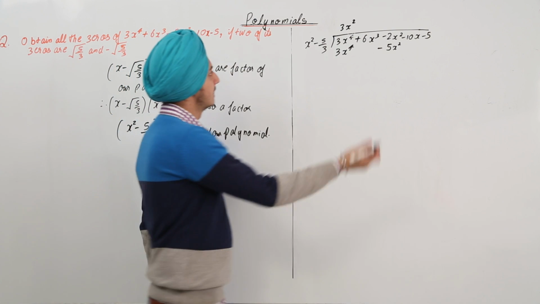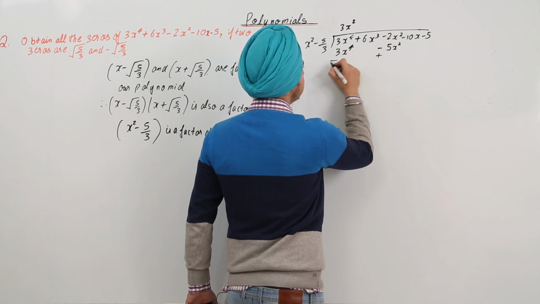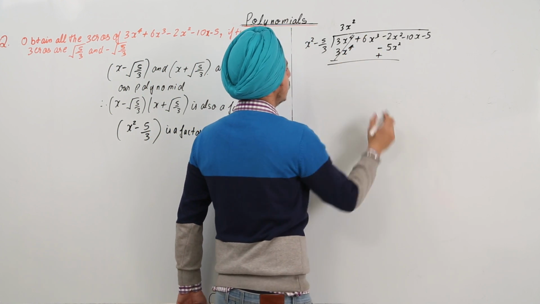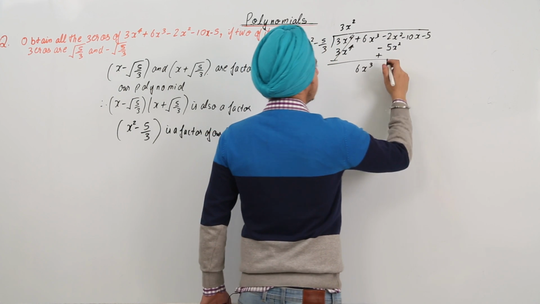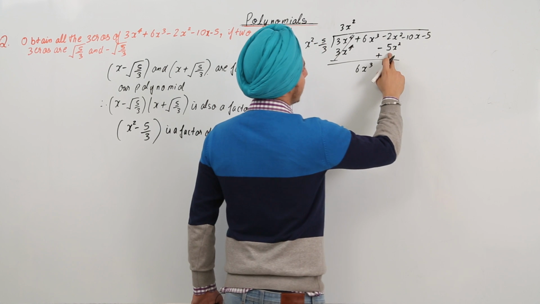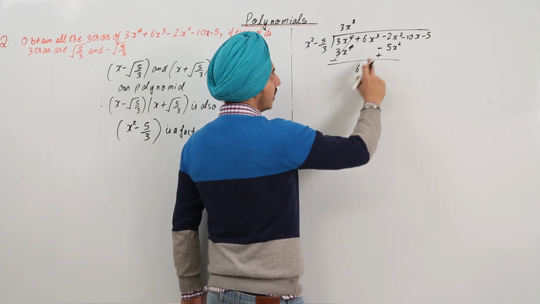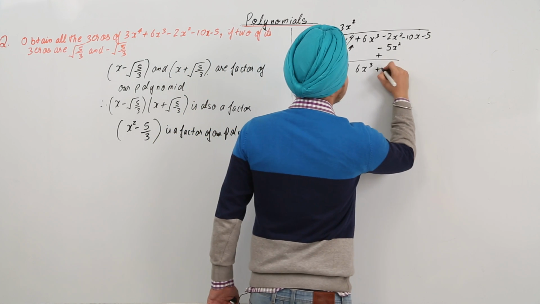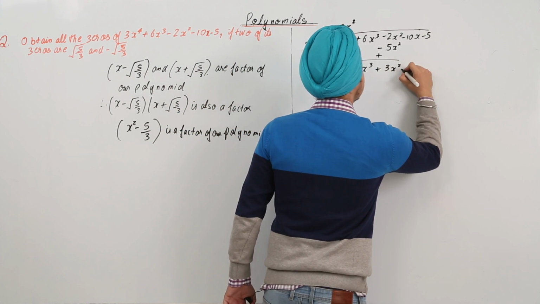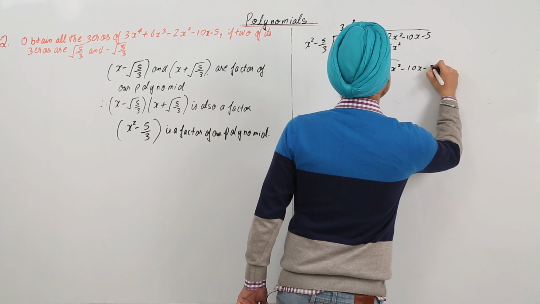Correct? Change of signs. This goes for 0. We get 6x^3 from here, and we get -2x^2 + 5x^2. This will be equal to plus 3x^2 - 10x - 5.